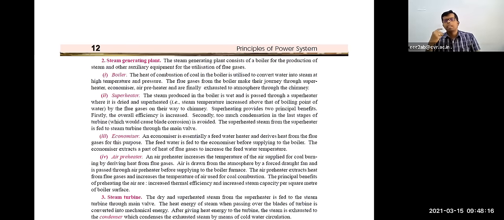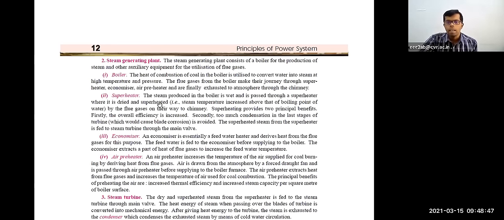Even then they will go for maintenance once or twice a month, because the blades are always getting wet, 24/7, or sometimes 18 hours. That is not good for your turbine. So that's why via the superheater we remove the wet particles.